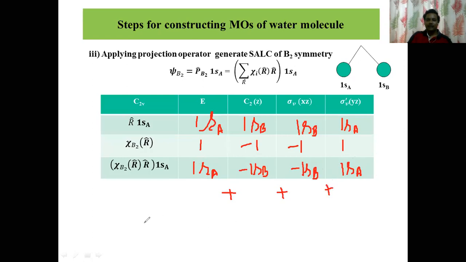what we get is psi, the SALC of B2 type symmetry, which is going to be 2 times (1s A minus 1s B).